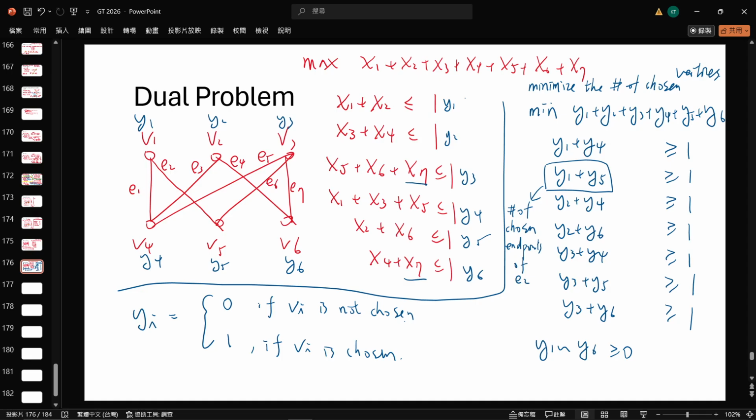And the right-hand side is easy, okay? It's at least 1. So this means for every edge, you have to choose at least one endpoint, okay?